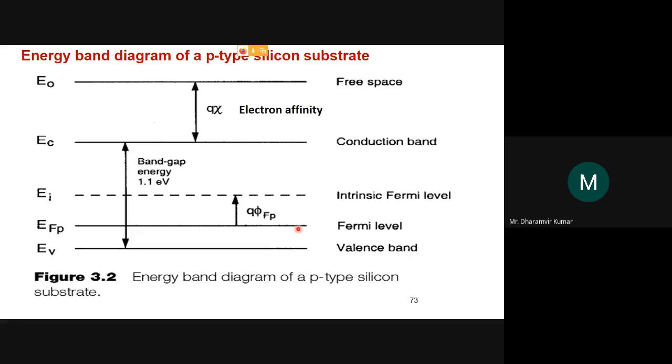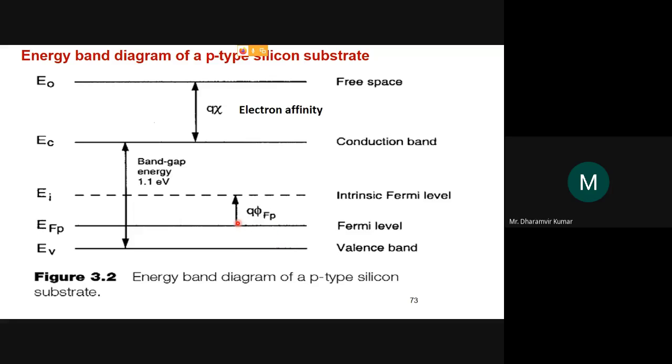And this is the case for a p-type silicon material, and you are very well aware that when we form an n-type silicon material, the layer that is formed is nearer to the conduction band. But for p-type material, this extra layer that is formed is nearer to the valence band.